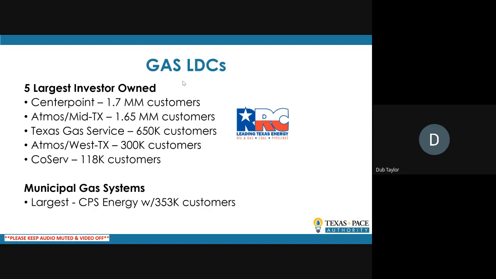And then CoServe, which is just north of Dallas, a booming Denton, McKinney, Collin County up to Oklahoma area. And then you have municipal gas systems. The largest municipal gas system in the country, I believe, is CPS Energy, which is also an electric provider. So on the gas side, they have over 300,000 gas customers with different offerings there.